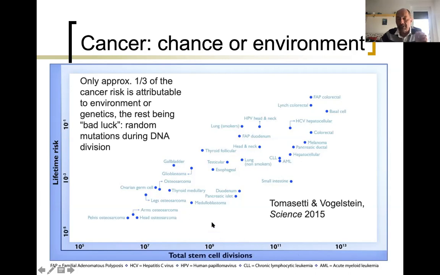Now, if you put the different tumors here, you see that the trend is not exactly aligned, but the trend is that those tissues that have a lot of stem cell divisions, like the colon here, have a much higher risk than those tissues where you have very few divisions, like the bone down here.